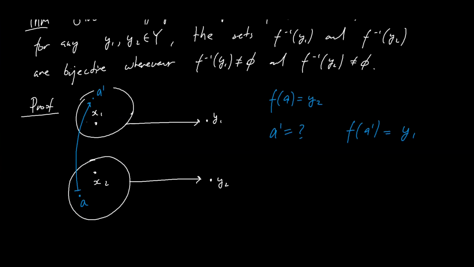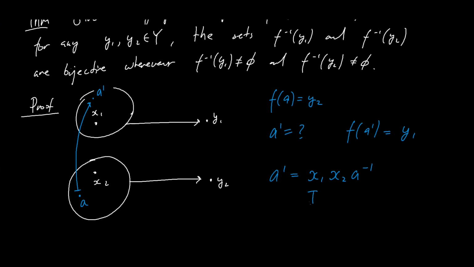I'm emphasizing this as a fact about groups, so most likely it's not true for monoids. So we'll have to use inverses somewhere, not just multiplication, right? So how about something like this: A prime equals, and now let's try to create things out of the three things. What if we try something like X1, X2, and A inverse? Where will F map that thing to? Because F preserves everything, it will map to wherever these map, right?